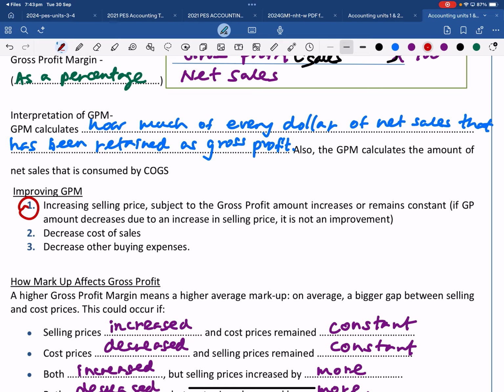So let's say we double the selling price or we increase the selling price by 50% in order to improve our GPM. But our customers will not like that. Most of the customers will stop buying from us. As a result, what will happen? Our volume also drops by half, right? But if you calculate the GPM, what do you see in the GPM?